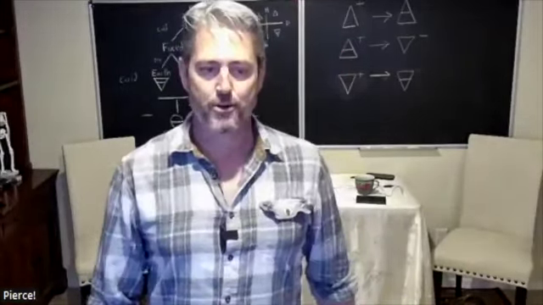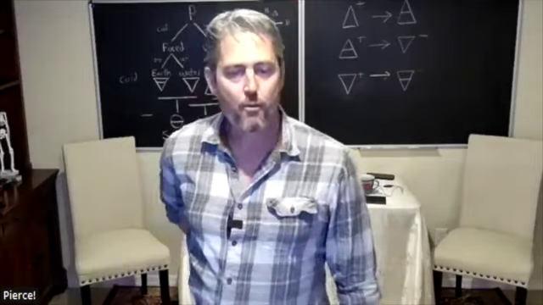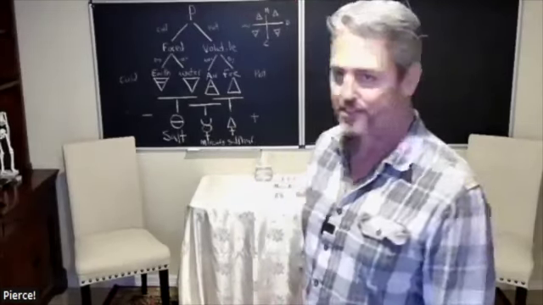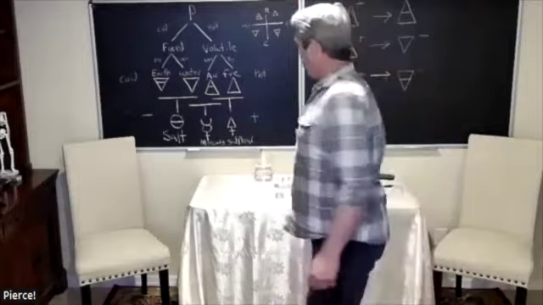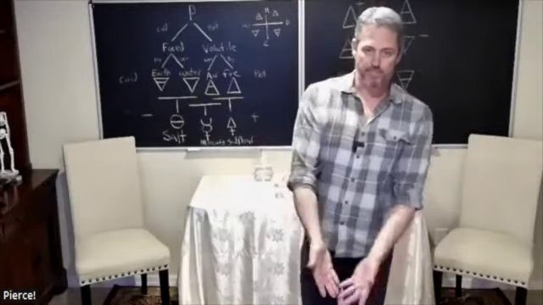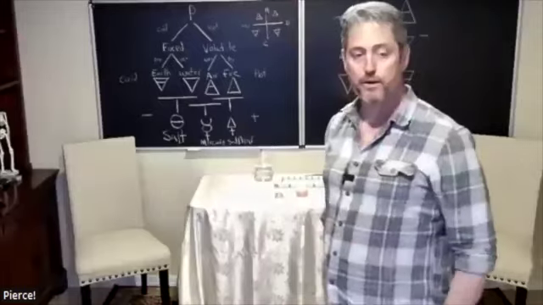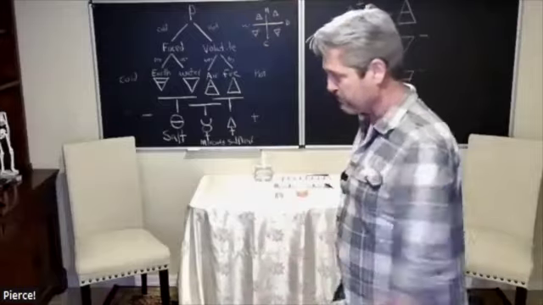Upward pointing triangle with a line through it is what? Air, because it's got the line like the letter A. And you can figure out the other ones, because you know that fire travels upward and water travels downward. That's why they're triangles going up and going down. When something burns, it burns upward. When you drop water, it goes to its lowest place.